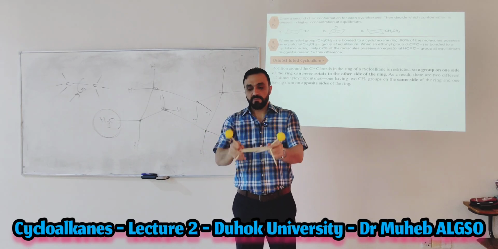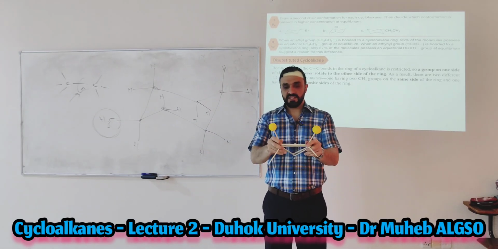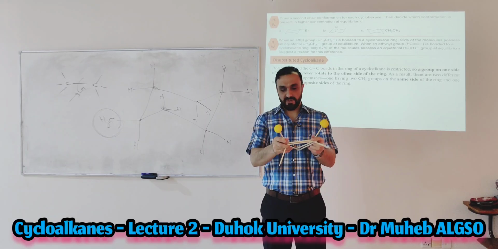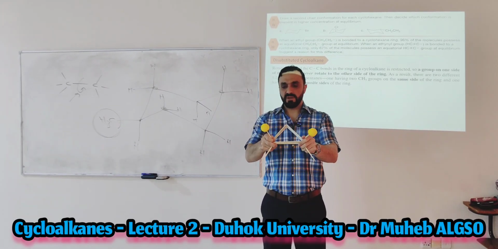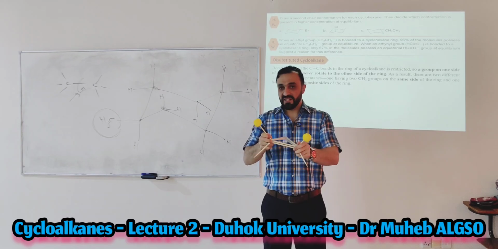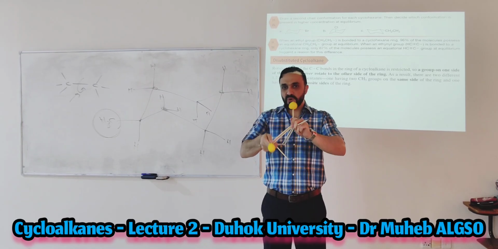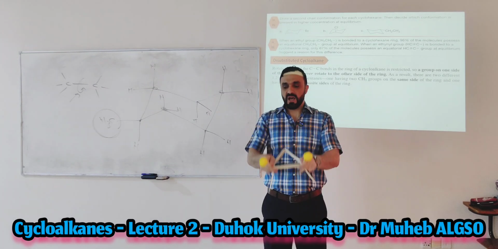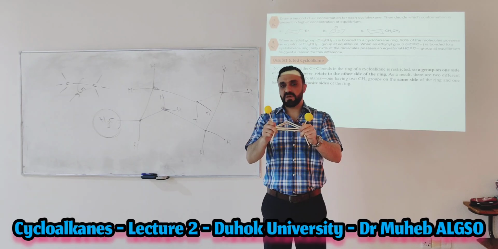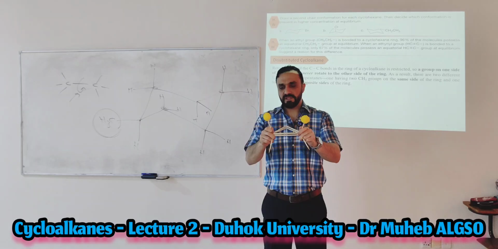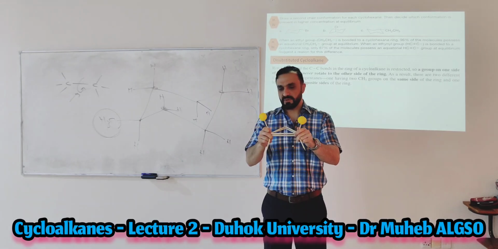Now, are the CH3 and CH3 on the same side or different sides in this example? Same side, both of them up. That means there is no rotation for the upper group to go to the down position. Both of them are on the same side. Here we call it what, cis or trans? Cis conformation. This is the cis conformation.